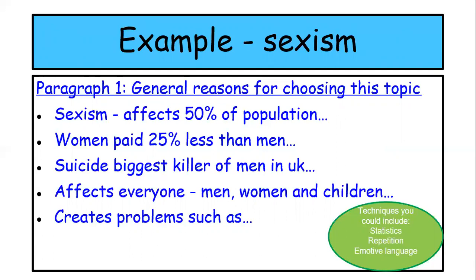So there's some examples there that you could have a look at if you were doing, for example, sexism. So you'd need to change that if you're doing a different form of discrimination. It just gives you some ideas of your reasons for choosing your topic and some techniques that you could include in this particular paragraph.